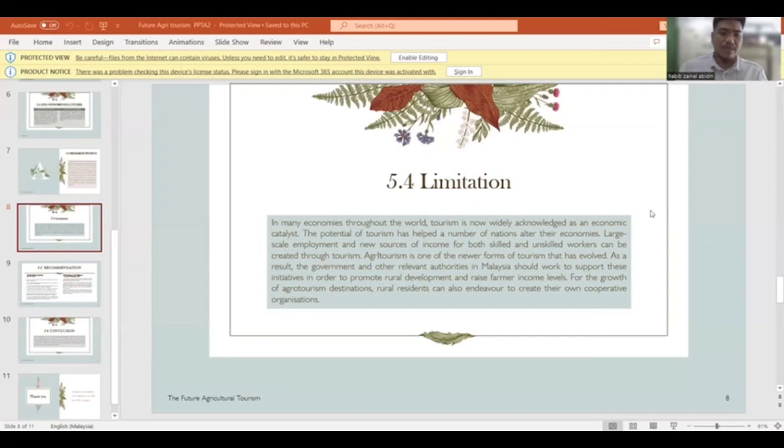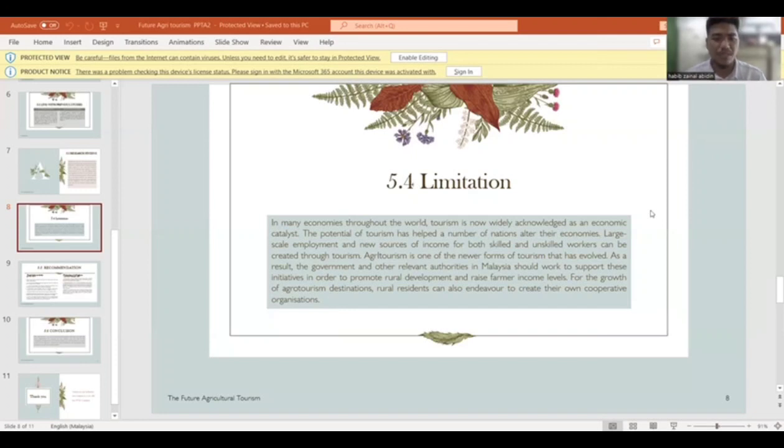The tourism industry has the potential to produce significant job opportunities and additional revenue for both skilled and unskilled workers.